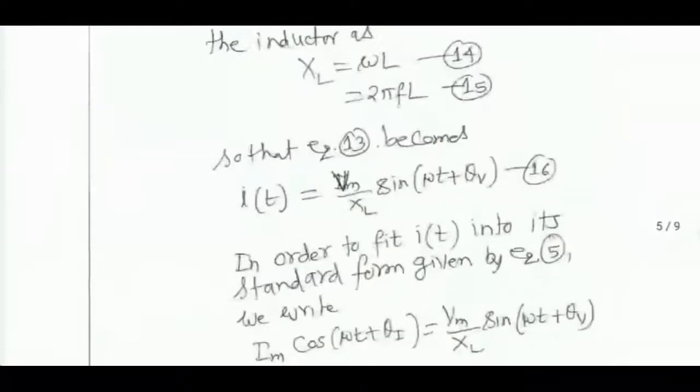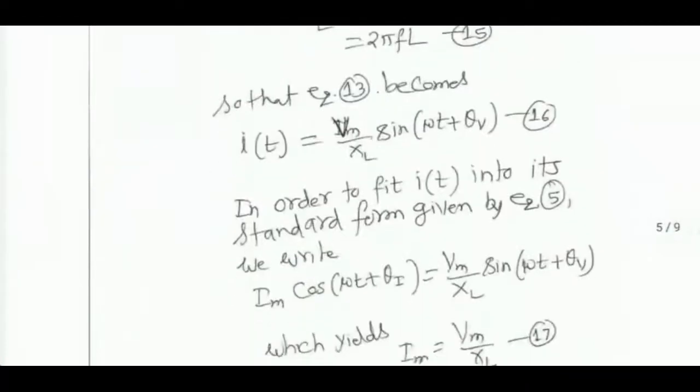When we try to fit it in the standard form, which is on the left hand side of this equation above equation 17, that is the standard form, and the actual value is Vm divided by XL multiplied by sine of omega t plus theta v.